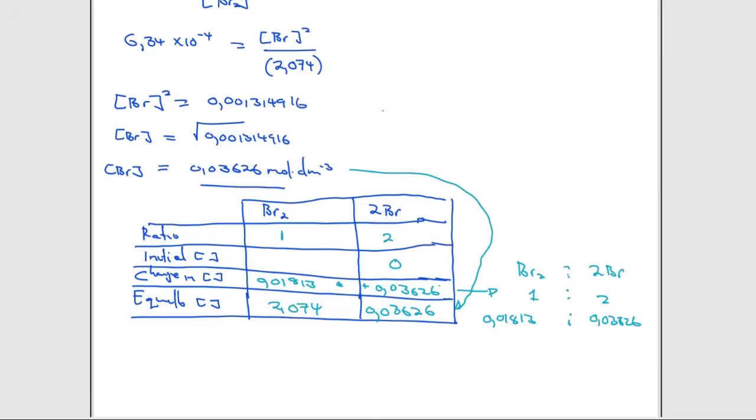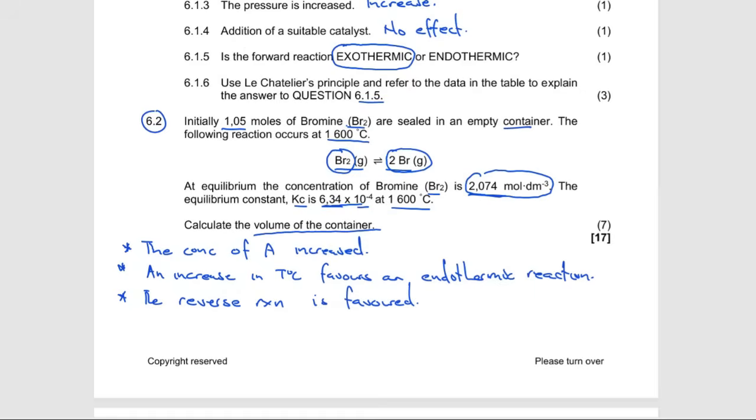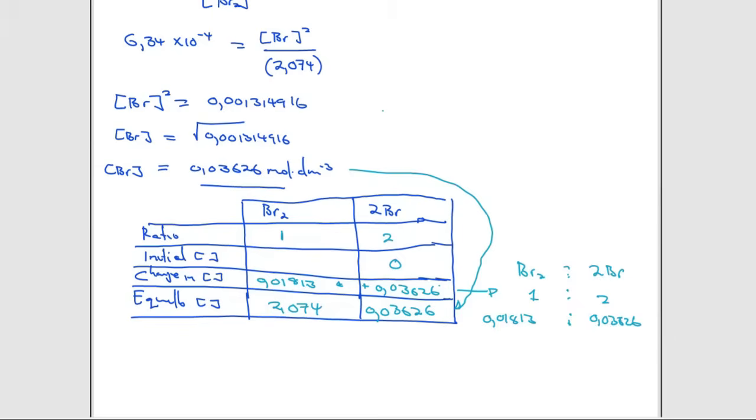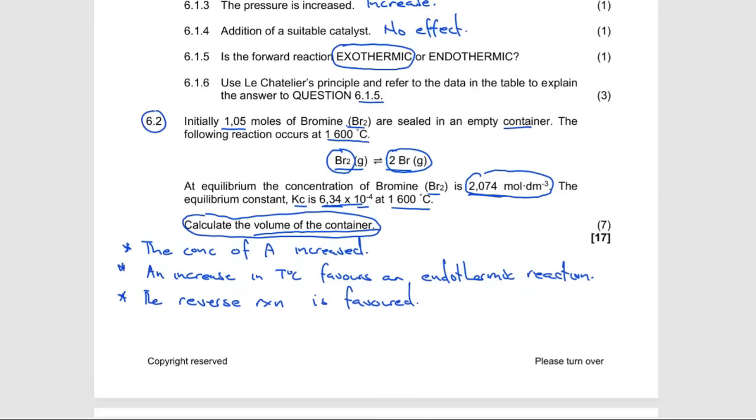Now in terms of this, remember what we were asked: to calculate the volume of the container. So we're looking for the volume of the container, and we proceed to the initial concentration. What are we given in terms of our initial concentration? Let's look at our values.